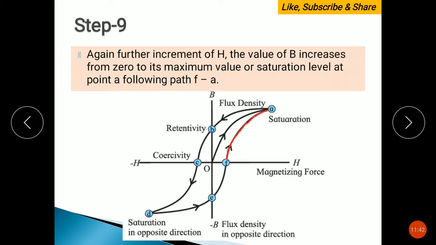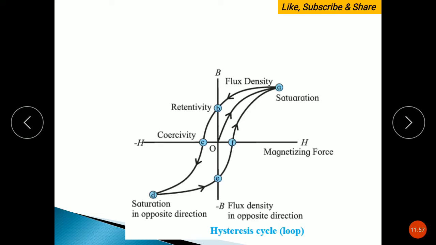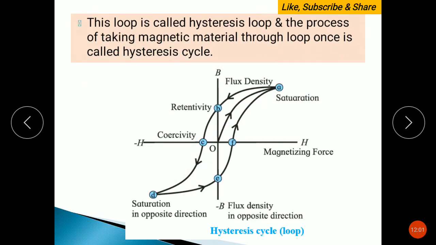It will follow the path F to A. So these are the different behaviors of the material when varying the external magnetic field, by varying the current through the solenoid. This total graph we call the hysteresis curve. This loop is called a hysteresis loop, and the process of taking a magnetic material through the loop once is called the hysteresis cycle.